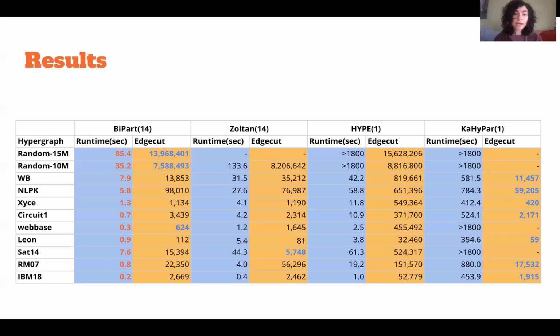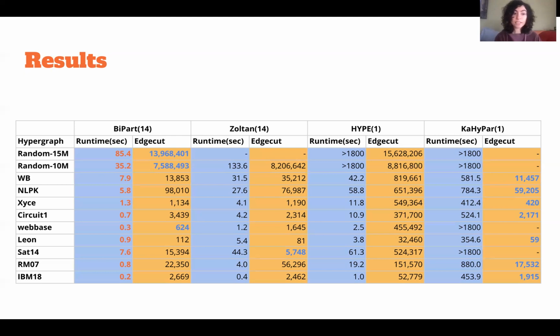Compared to Hype, Bipart is always faster and creates better partitions for all these hypergraphs in this example. But Hype was also able to partition all of these hypergraphs, even though it took more than an hour to partition 2 of them. For K-Hyper, Bipart is always faster on all the hypergraphs that K-Hyper was able to run.